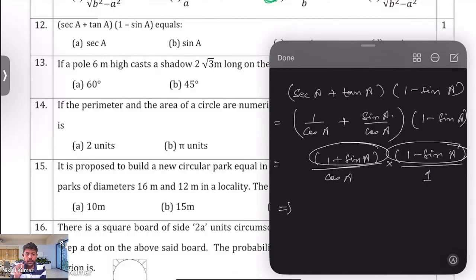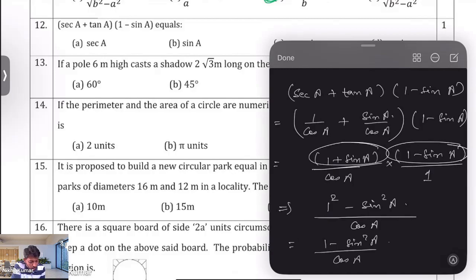A plus B into A minus B. Use that identity. That will give you A square minus B square. And in the denominator we have cos A. Now 1 minus sine square A upon cos A is what we've got. 1 minus sine square A. Remember the relationship between sine and cos.